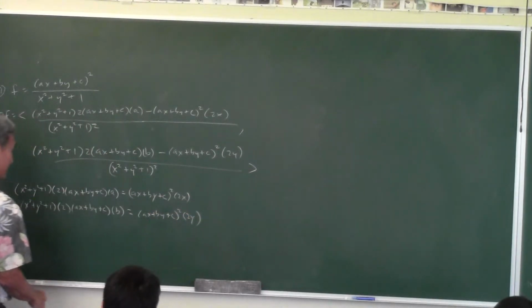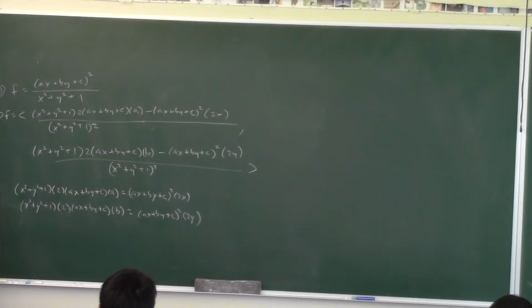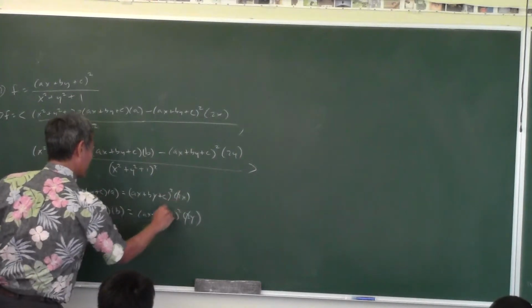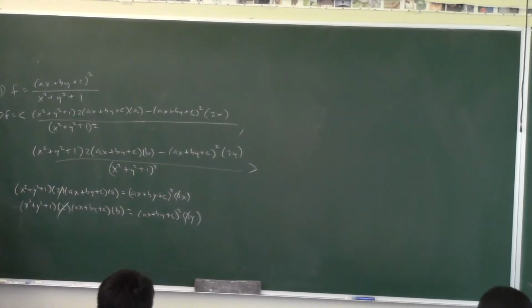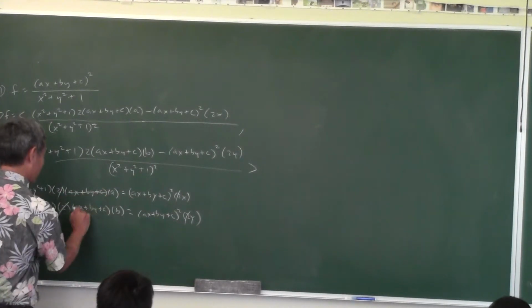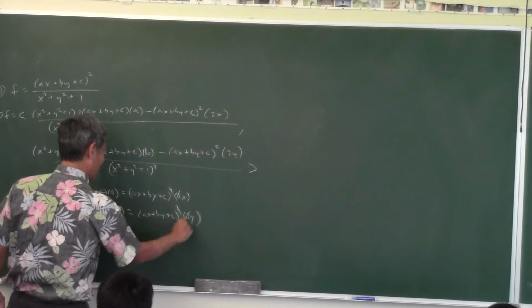Does that mean x and y have to be the same number? Let's divide by the 2's. I can divide both sides by ax plus by plus c.